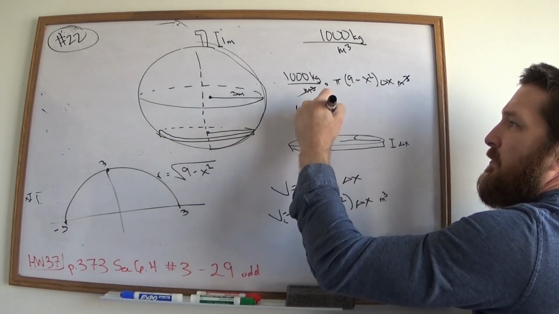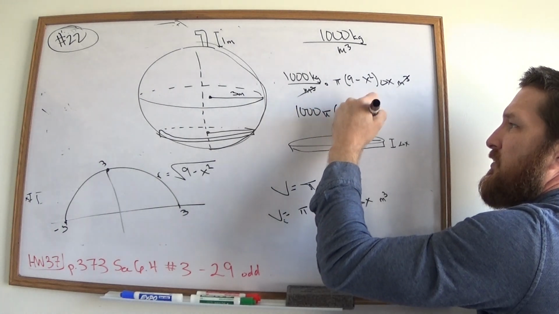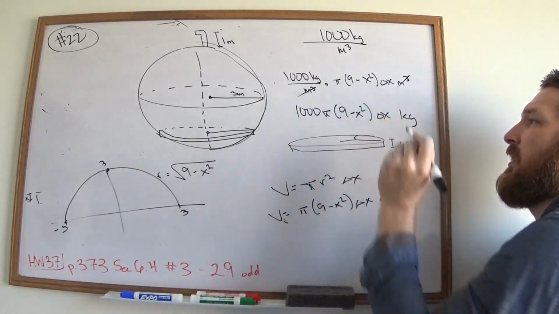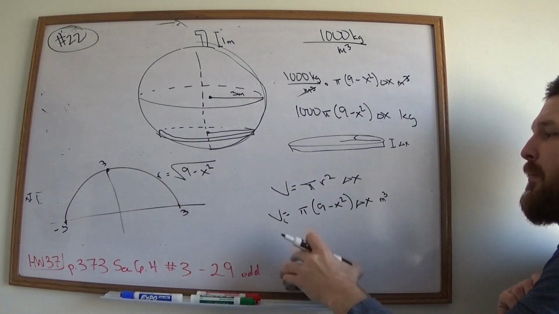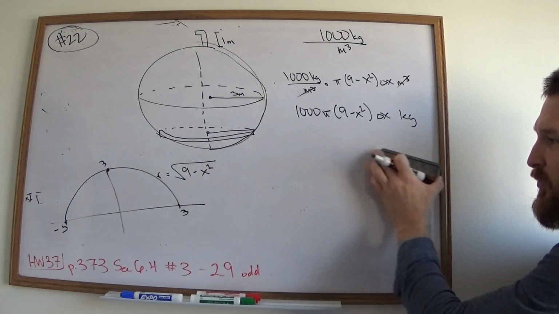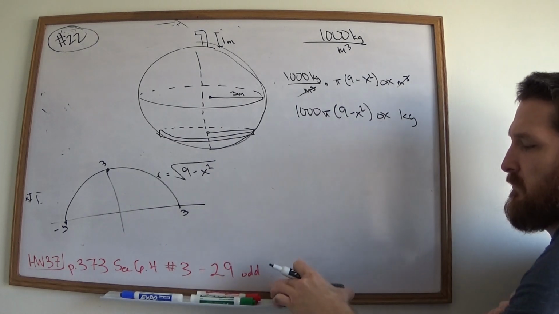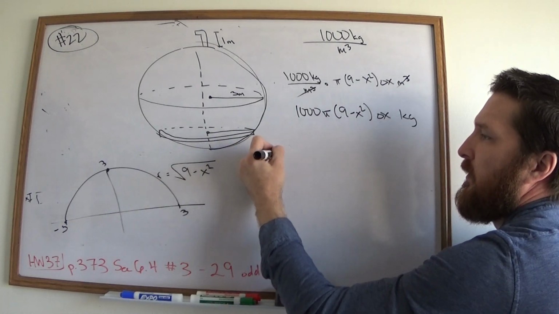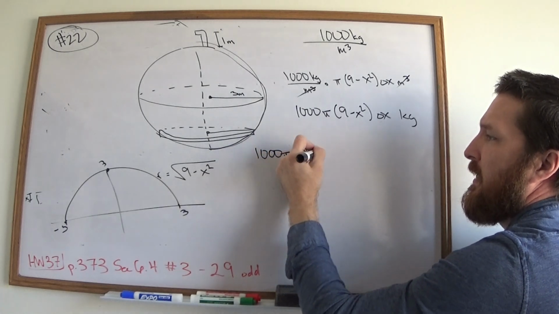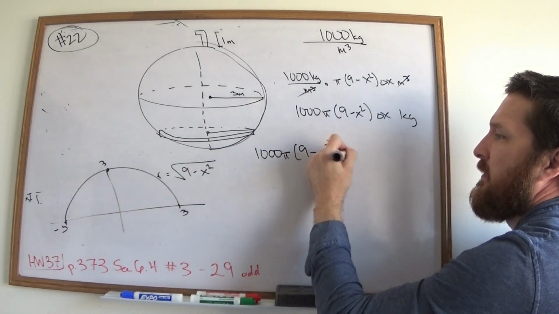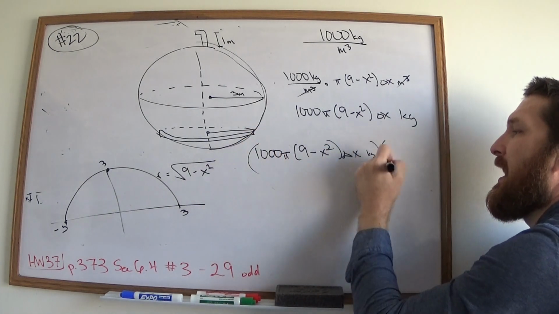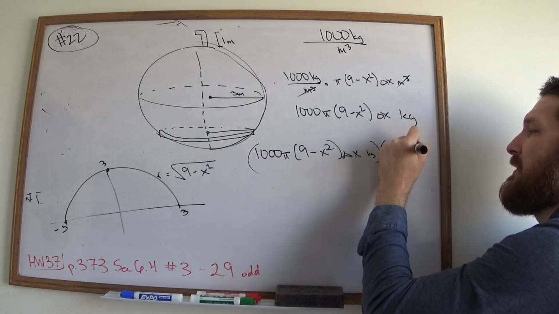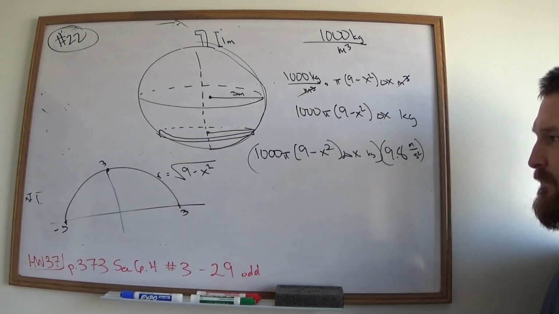So that's 1,000 pi 9 minus x squared delta x kilograms. We still need to multiply that by the gravitational constant, which will give you 1,000 pi 9 minus x squared delta x kilograms times 9.8 meters per second squared.